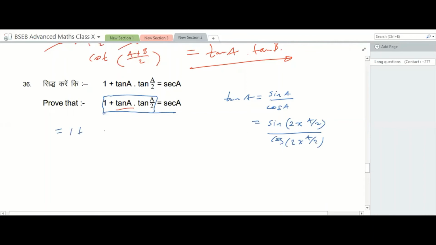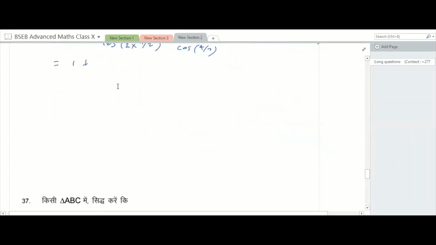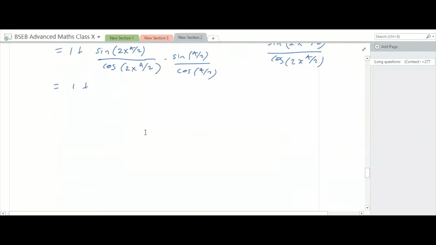So you can say 1 plus sine of 2 times A over 2 over cos of 2 times A over 2 times sine (A over 2) over cos (A over 2), which is equal to 1 plus sine 2 times A over 2, which is 2 sine A over 2 cos A over 2, divided by cos squared A over 2 minus sine squared A over 2.